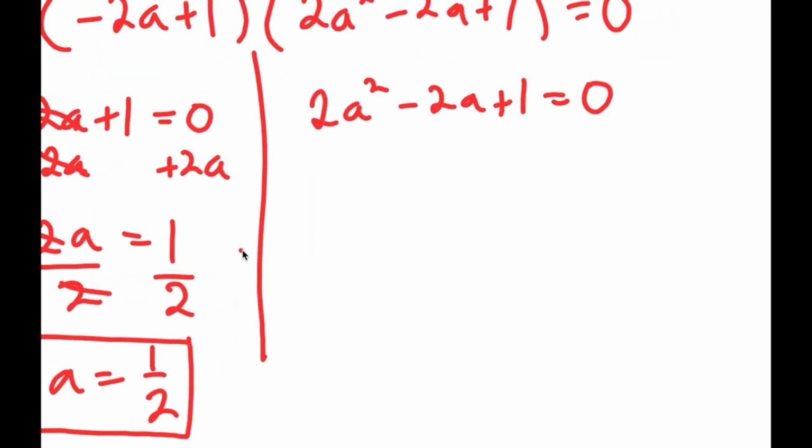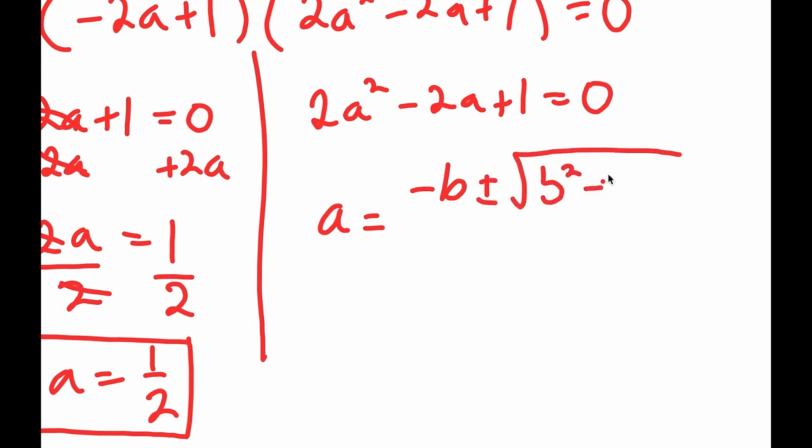Now, for 2a squared minus 2a plus 1, what I'm going to be using to solve this is the quadratic formula, because this is a quadratic equation. So the quadratic formula is negative b plus or minus the square root of b squared minus 4ac, all over 2a.